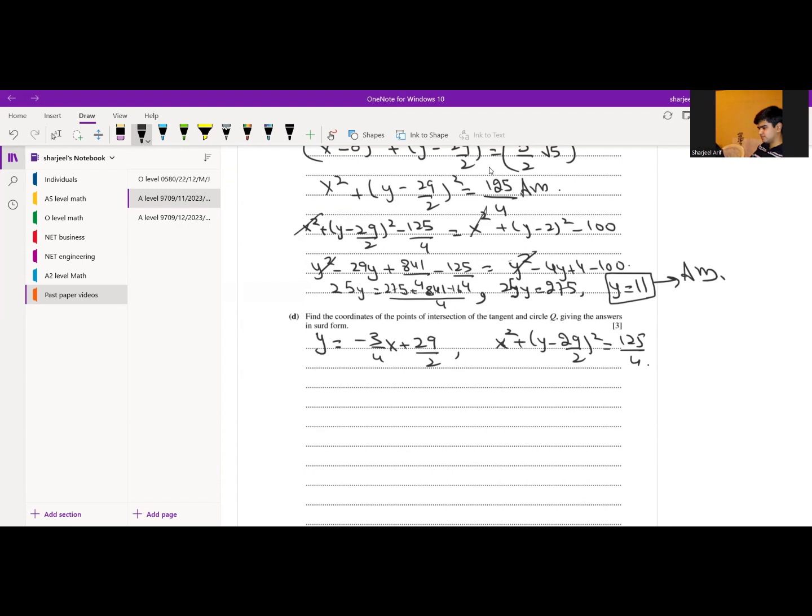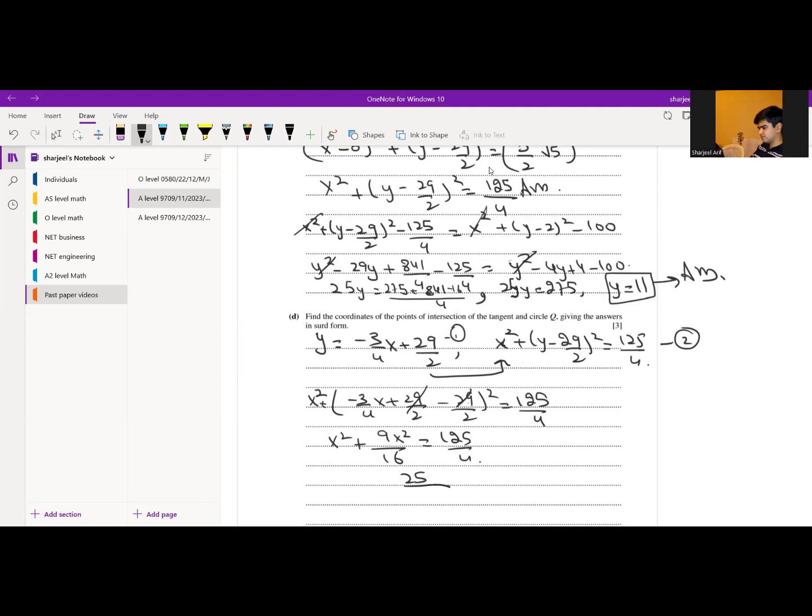We have to substitute the value of y from equation number 1 into equation number 2. So we will get x square plus minus 3 by 4 x plus 29 by 2 minus 29 by 2 whole square equals 125 by 4. Cancel these two. You will get x square plus 9x square over 16 equal to 125 over 4.